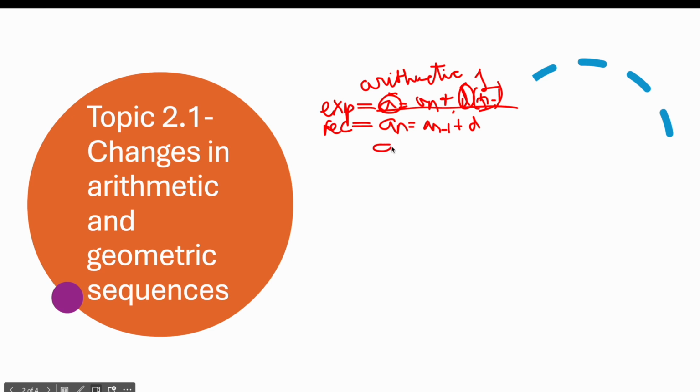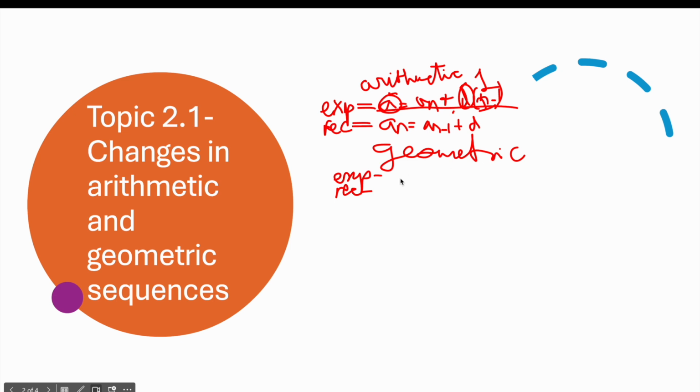And if you were to try that on a geometric sequence, yeah, sorry about that messy handwriting, guys. Very hard writing here on a MacBook, right? So here is our explicit formula versus a recursive formula.